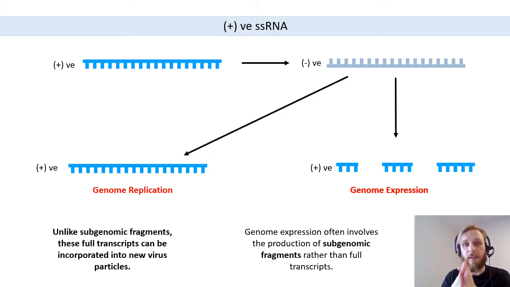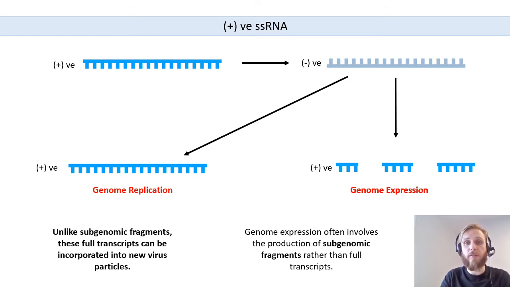So for these particular positive sense single-stranded RNA viruses, genome replication can't be exactly the same as genome expression, because the product of genome expression is not a complete copy of the genome. And as we've said, the end product of genome replication needs to be exactly the same as the initial genome that is being copied. Therefore, these particular viruses need a mechanism to switch from genome expression.